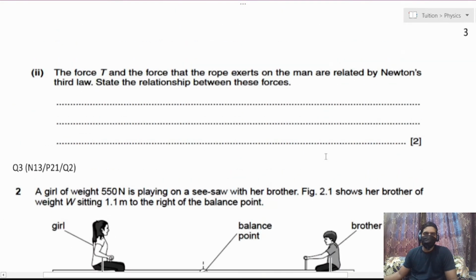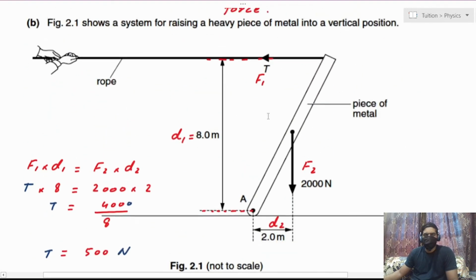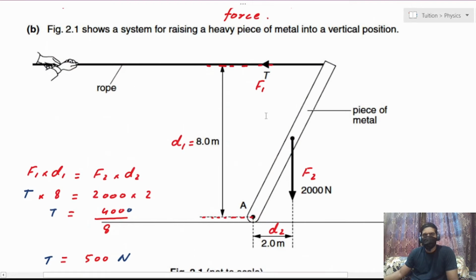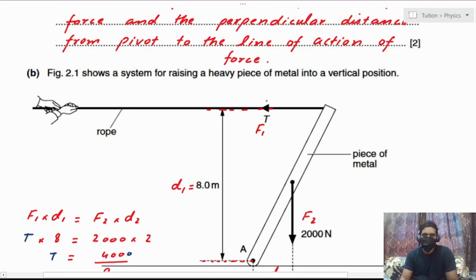All right, let's move on to the next one. It says the force T and the force that the rope exerts on the man. First of all, what is the force T? The force T is the force that the person is exerting on the rope, because force T represents the force that is used by the person to pull the rope toward itself.